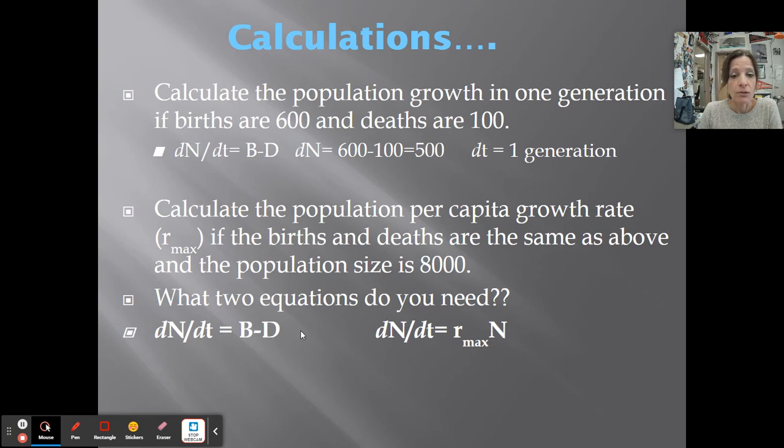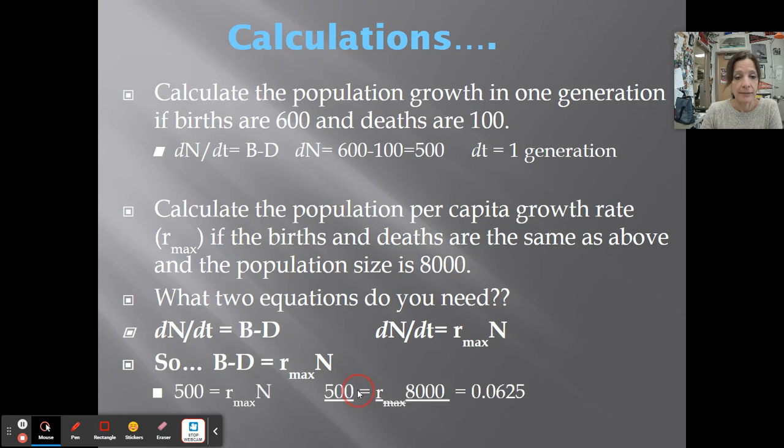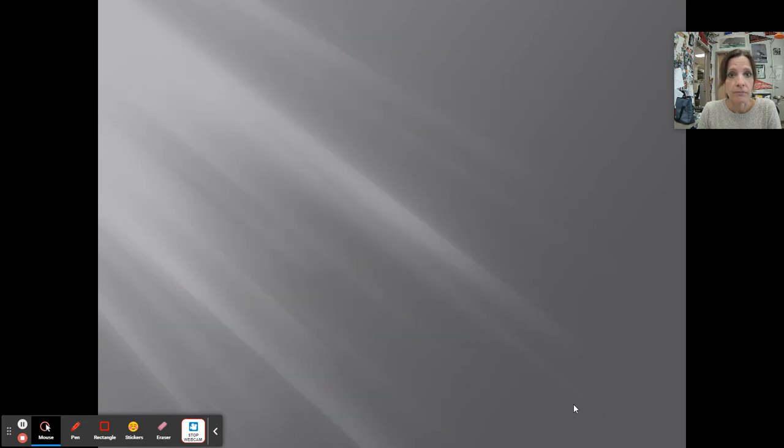If you set those two equal to each other, you can find r max. And so you just do the math, and this is your answer right here, 0.0625. So that is your intrinsic growth rate or per capita growth rate. r max will always be less than 1. The bigger the r max, that means the population is going to grow faster. So that's just a good way to check your answers.